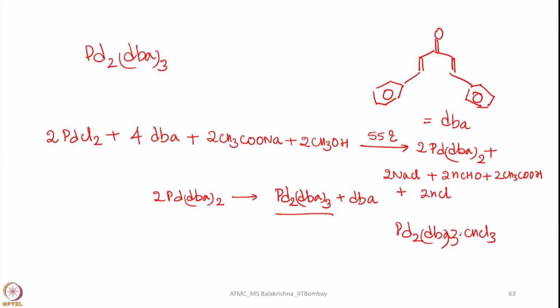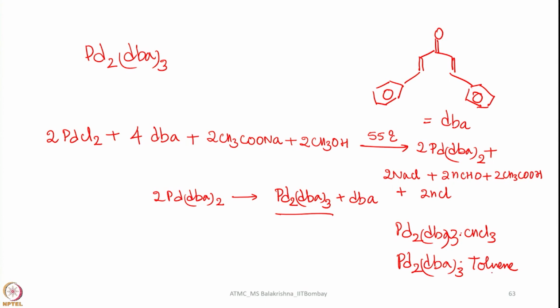If you crystallize in toluene, it will be solvated with toluene. Or if you crystallize in dichloromethane, 1 mole of dichloromethane will be there.